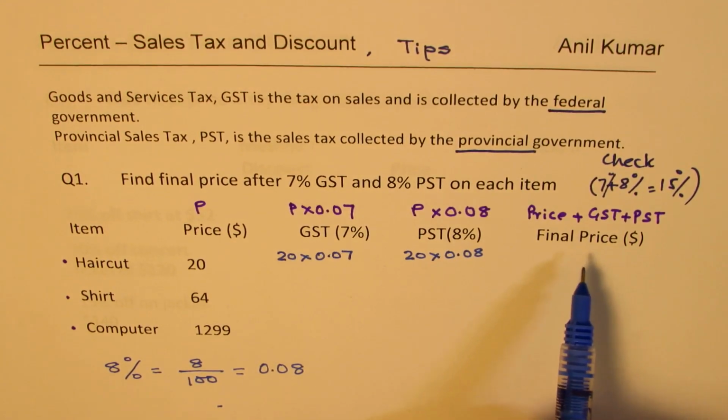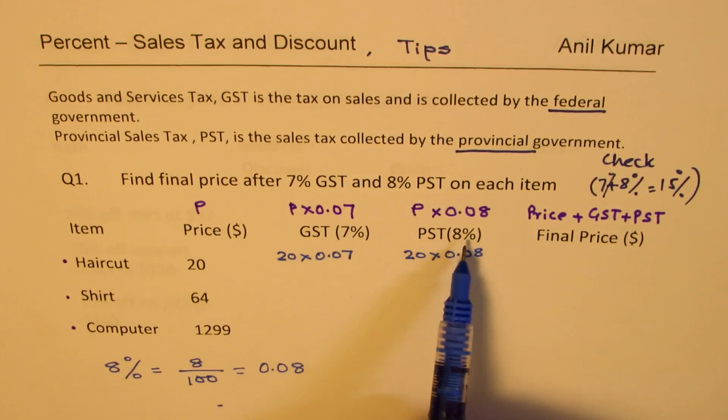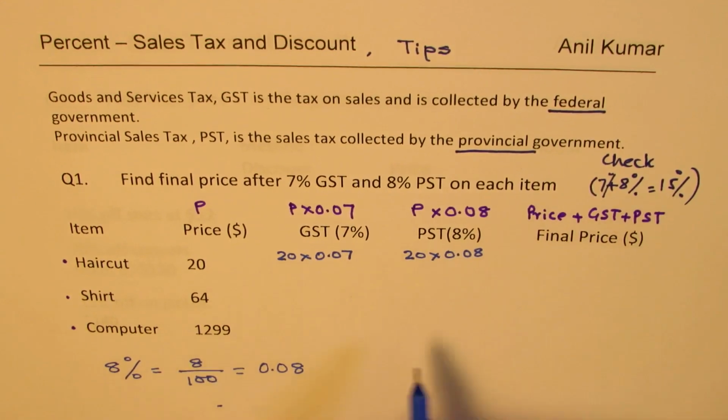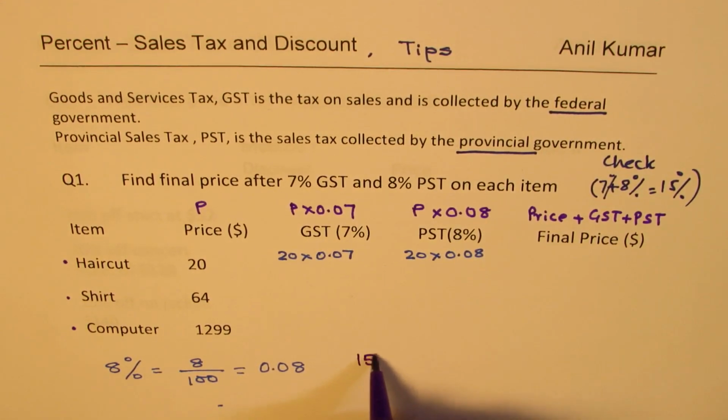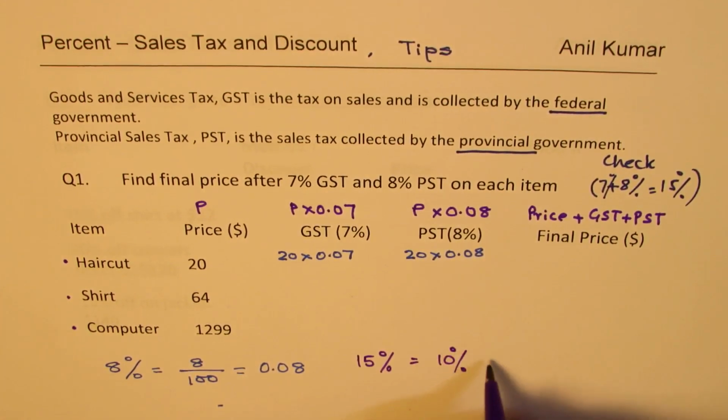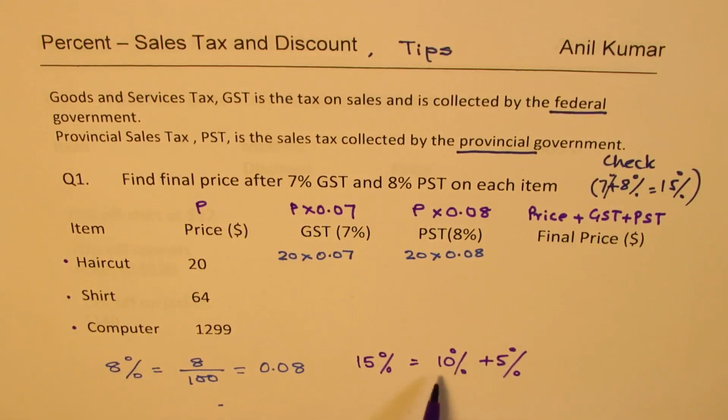Now final price. If you notice, 7 and 8 is 15 and we're talking about 15%. Let's look into 15% in a broader way. 15% is equal to 10% plus 5%. That helps to do some rough calculations mentally and check the result.